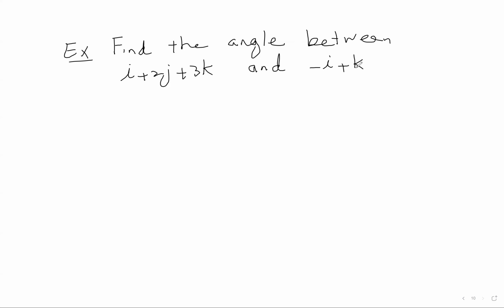Again, please pause the video and try to do this on your own. If you're more comfortable with the other notation, you can use the other notation. 1, 2, 3 is the first vector. And the other vector, -1, I don't see j, which means it is 0, and 1.